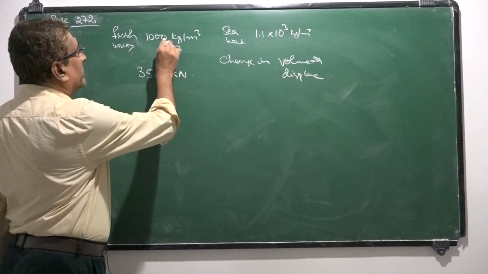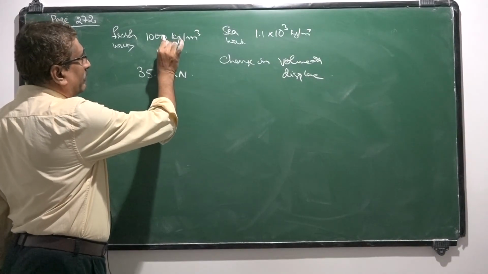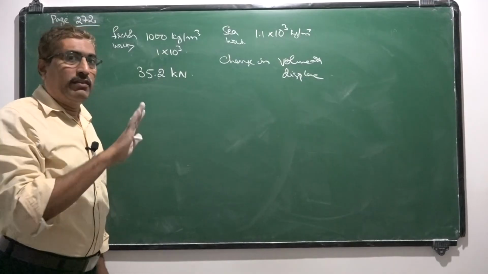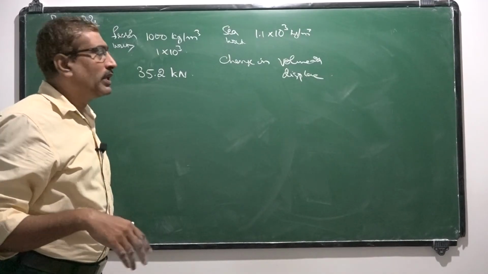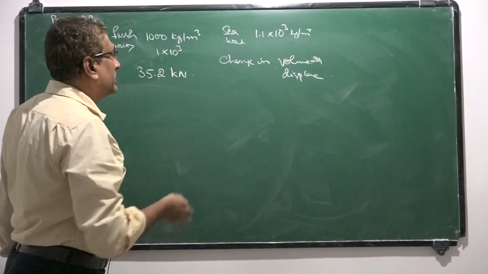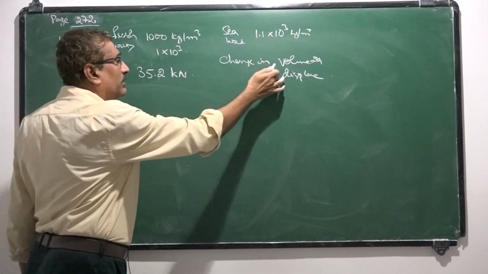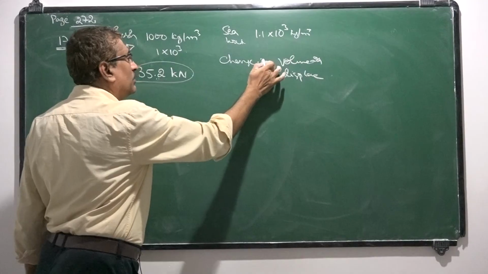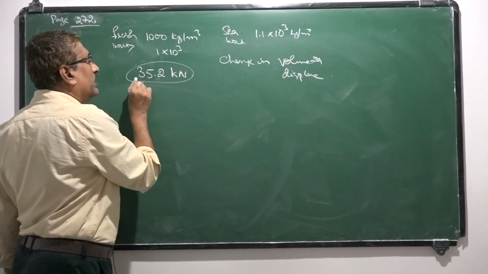Whether it floats on fresh water or sea water, the weight of the displaced liquid is same. So here also the weight of the displaced liquid is same. So that means in this case also displaced water is of same weight.